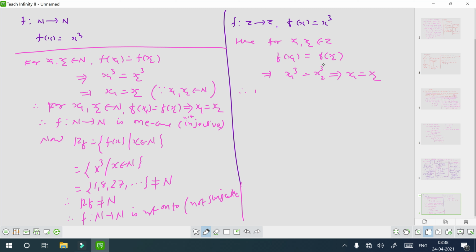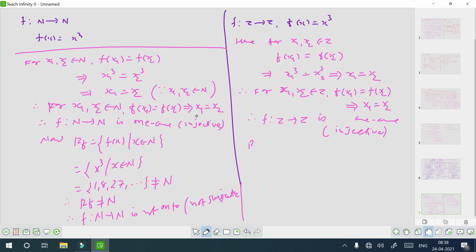And therefore, what have we seen? For x1, x2 belongs to Z, f of x1 is equal to f of x2 implies x1 is equal to x2. And therefore f from Z to Z is 1-1, that is injective.